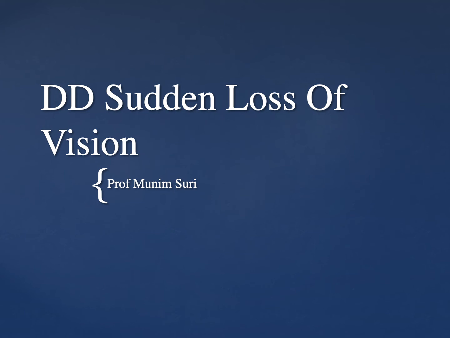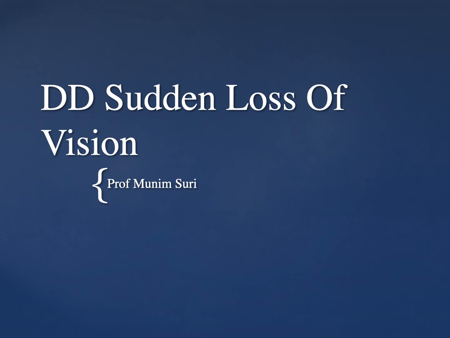But the important sign here is that there is RAPD. Even if there is retrobulbar neuritis, that is, the part of the optic nerve which is behind the optic disc is inflamed, even then there is RAPD.